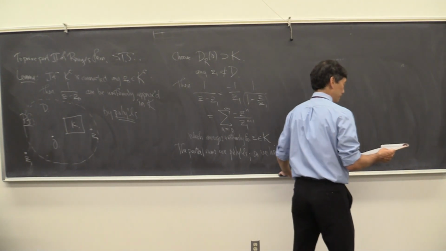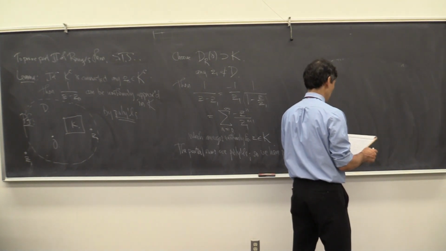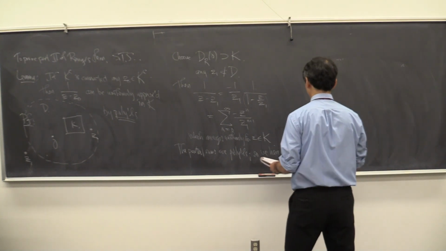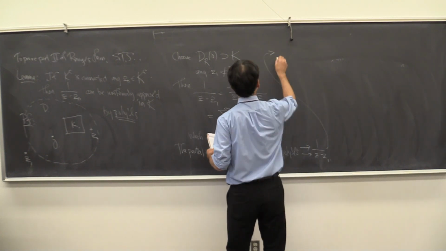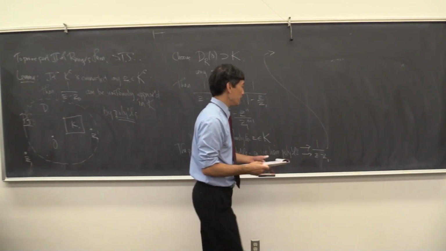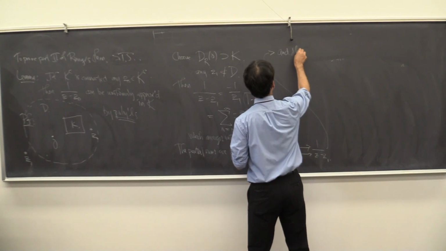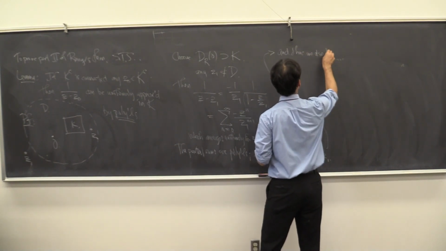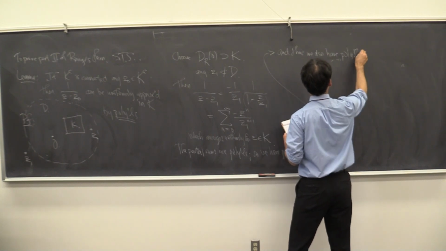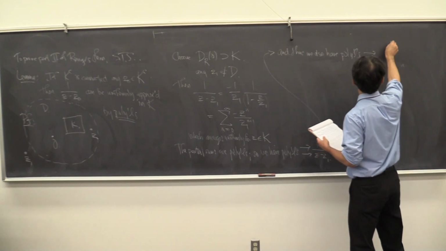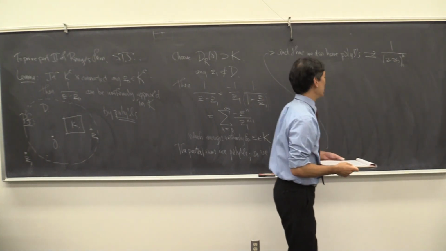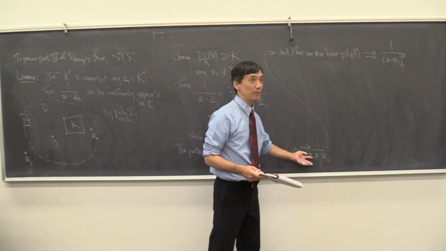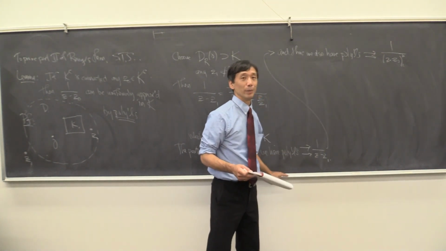Okay, so I should say something a little bit more. We have polynomials that converge to this guy, and thus we also have polynomials that converge uniformly to powers of it. Because if we've got polynomials that converge to this, we just take powers of them, and we get polynomials that converge to that.